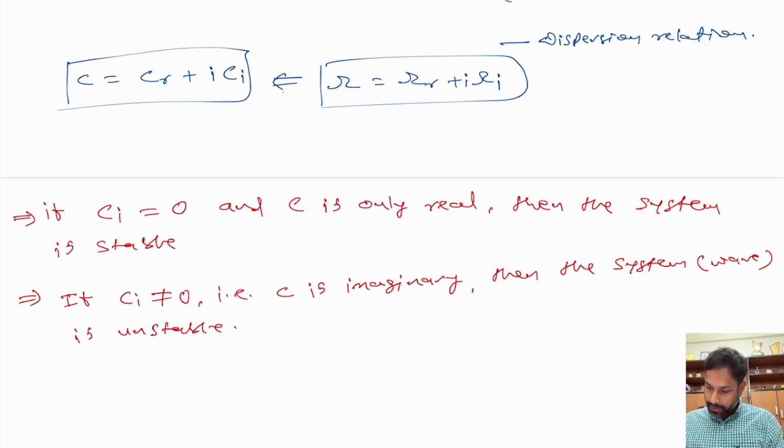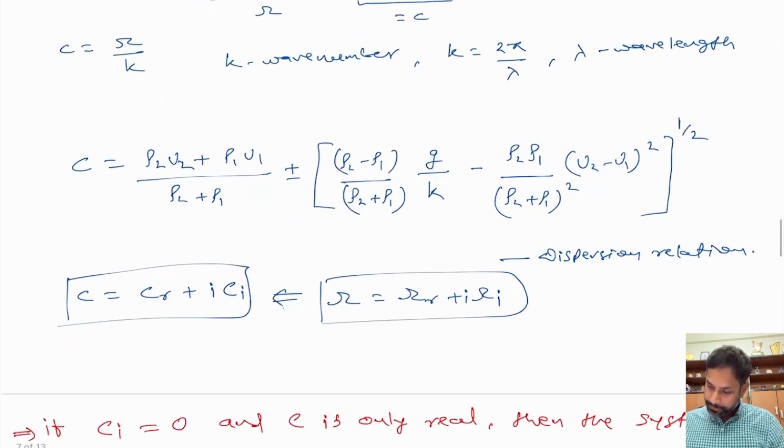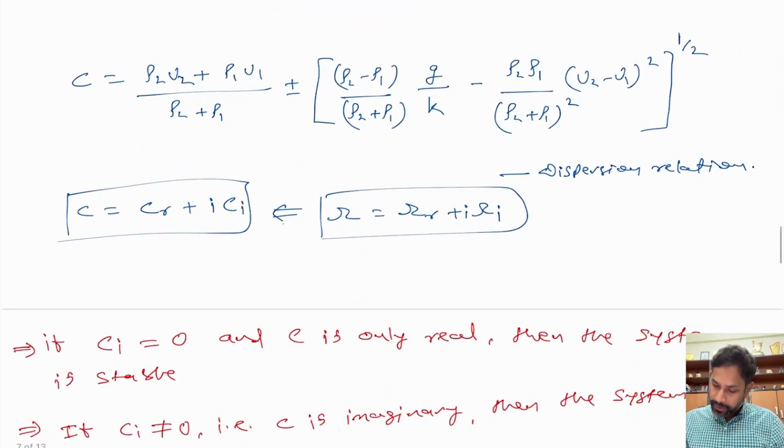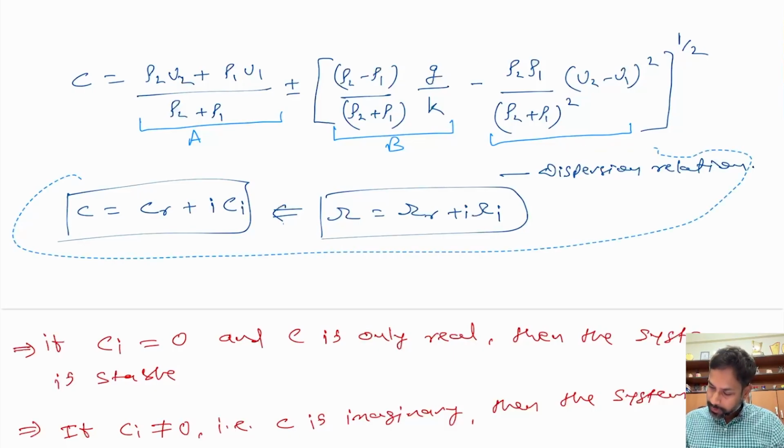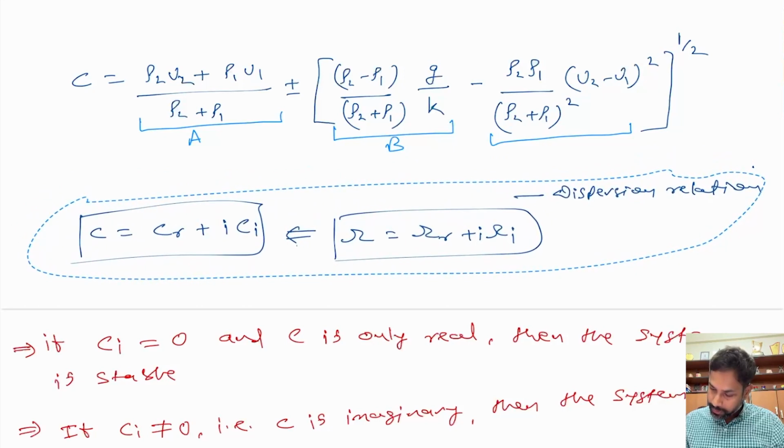And if you look at this solution, what exactly you see here is there are different terms. Let's call it A, this is B, and this one is C. I think I should not use C because we have already been using C here.